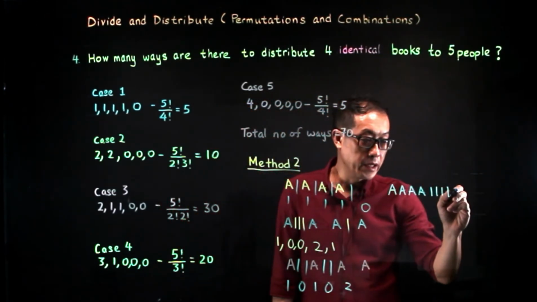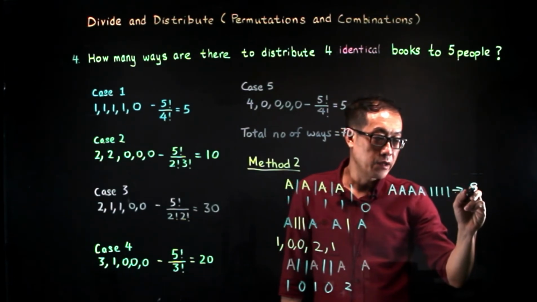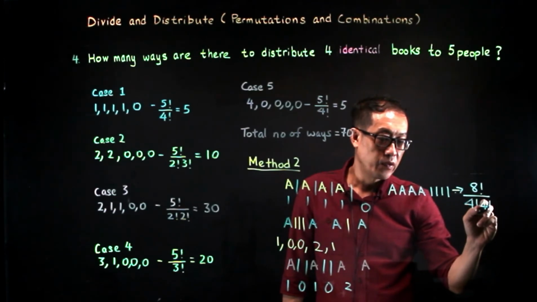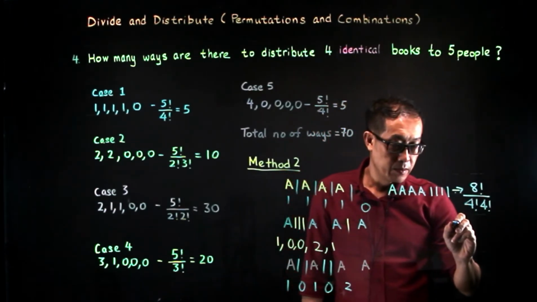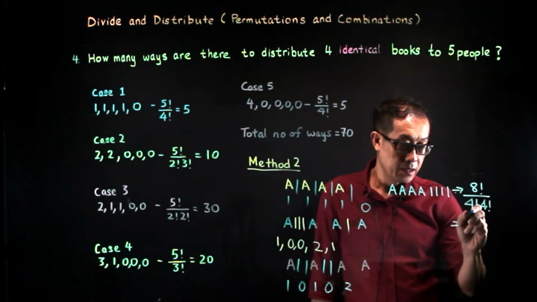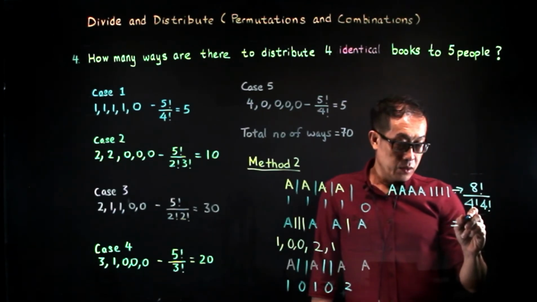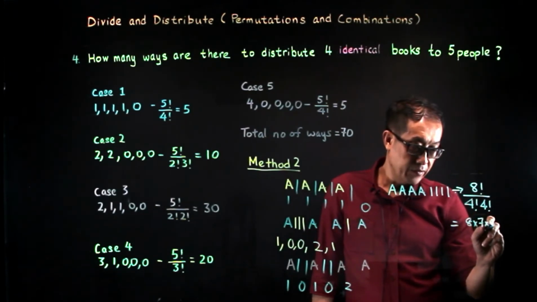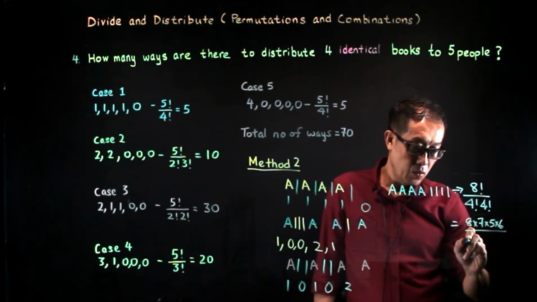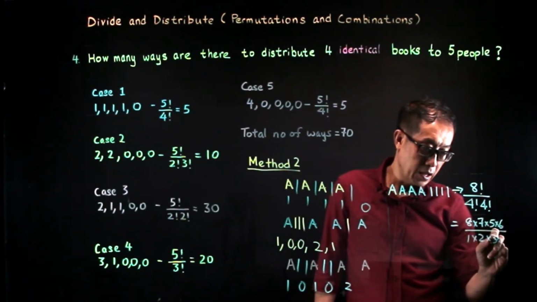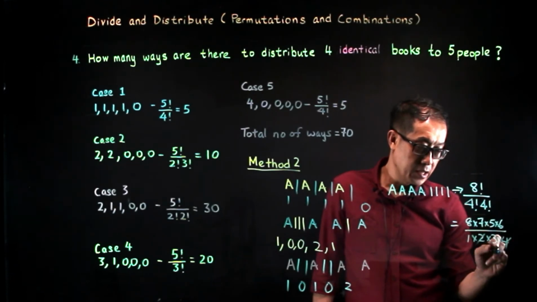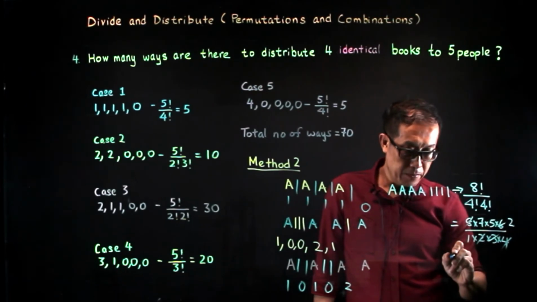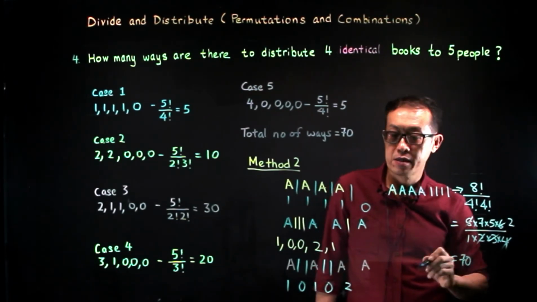So the number of ways would be 8 factorial divided by 4 factorial divided by 4 factorial. So what is our answer? The answer will be 8 times 7 times 6 times 5 over 1 times 2 times 3 times 4. This and this cancel out with 8. This is 2. You multiply out, the answer is 70.